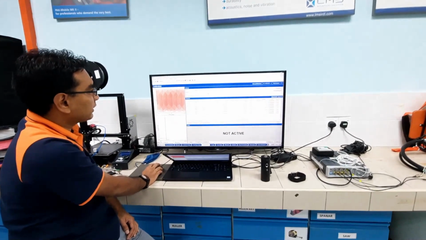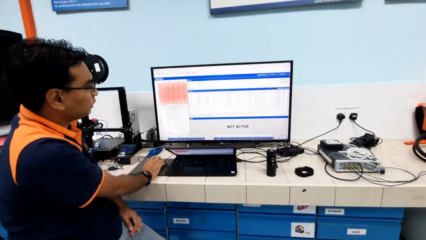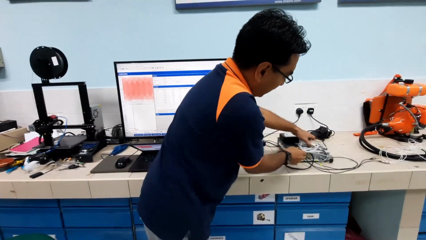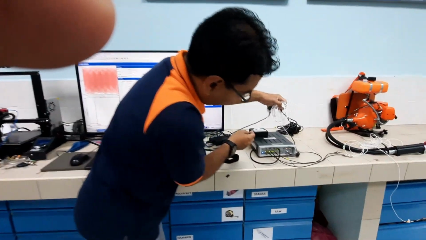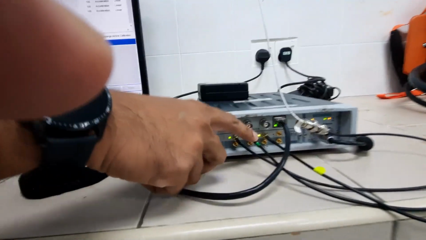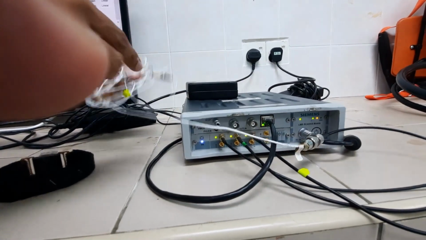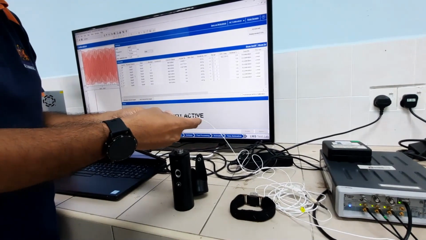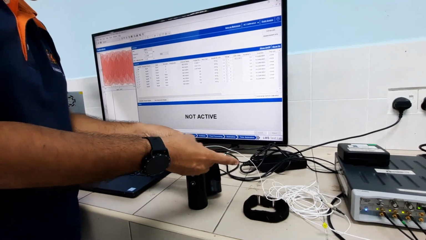For example, we want to calibrate this accelerometer, which is channeled to input number 3. This is input number 1, number 2, and number 3. We mount it on the calibrator here.